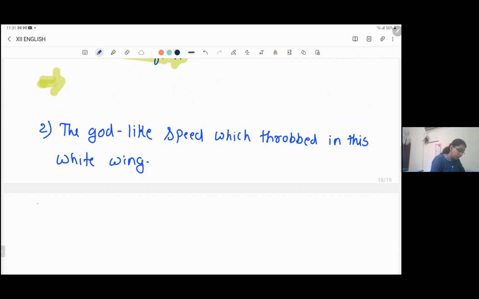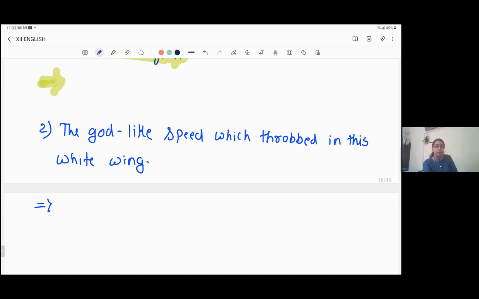Now, what is the explanation? The god's speed is compared to whom?